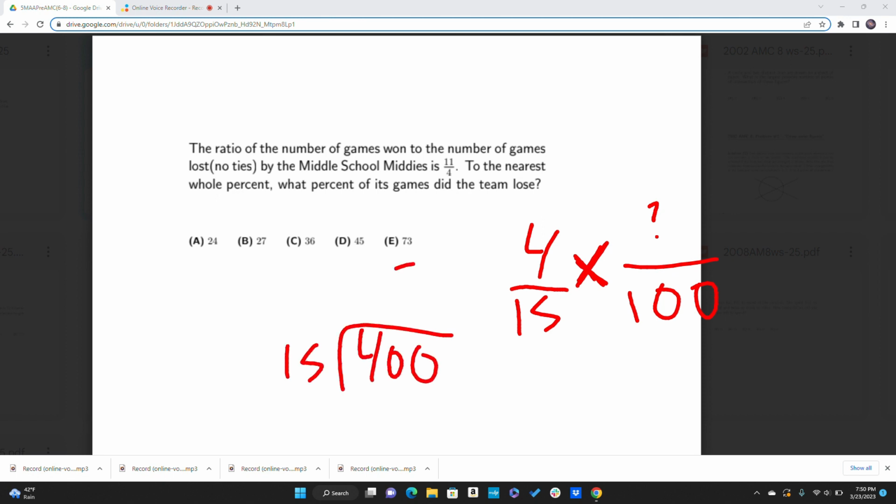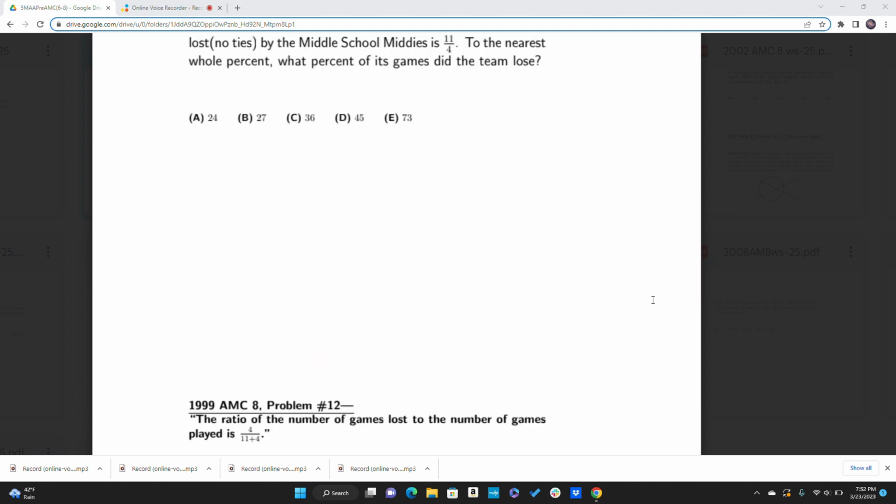So we've got 400, that's the 4 times 100, divided by 15, about 26, and we get some remainder. So looking at our answers, what's the closest one? It's going to be 27 because our answer is just over 26. So that's to the nearest whole percent.